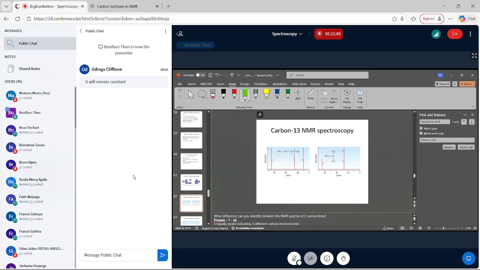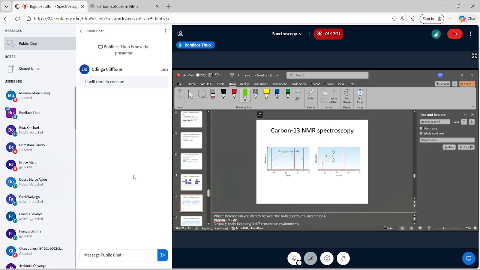We said the alkane carbons will be close to 0, so it will be a saturated carbon either attached to other carbons or to an electronegative atom. And you can see that this peak, which is higher, is due to the inductive effect of the hydroxyl group, or the oxygen of the hydroxyl group on that carbon, which is close to 20.